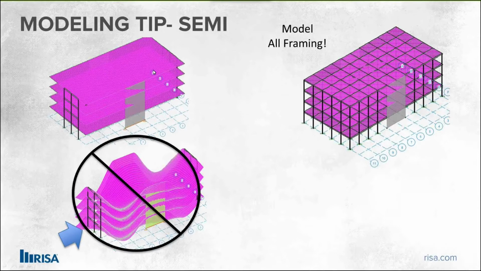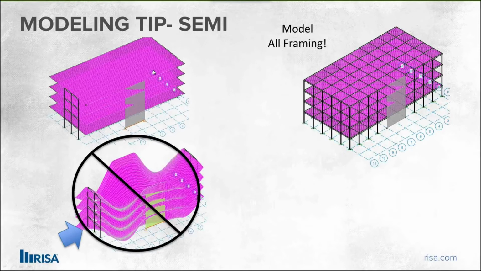What you want to do is model all the framing in your model. If you're going to be using a semi-rigid diaphragm, you want to put all of those frames in there. You can use pins to help distribute the forces differently, whereas for your moment frames, obviously, those are going to be fixed end conditions. The other parts of the system are going to be pinned, so they don't carry moment into the columns.